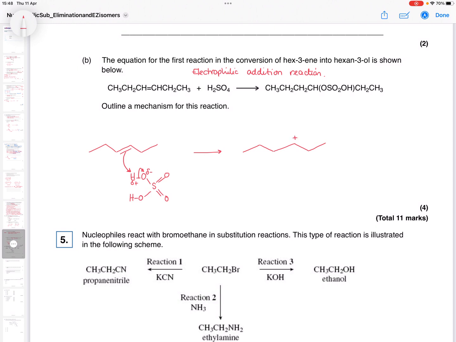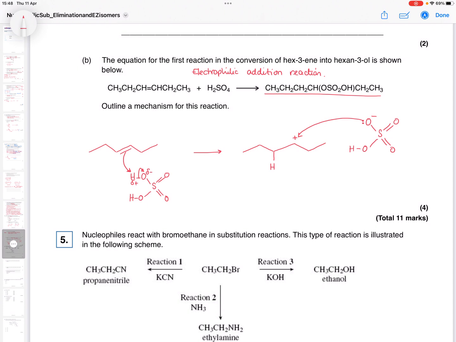And we have a hydrogen here. And then in the second step, we've got our hydrogen sulfate ion, which is then attracted to the carbocation formed in the first step, and that produces the molecule shown in the formula up here.